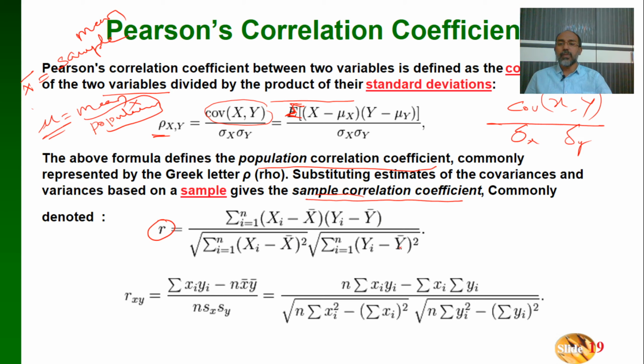The square root of sigma y minus y bar squared is the formula for standard deviation of y.